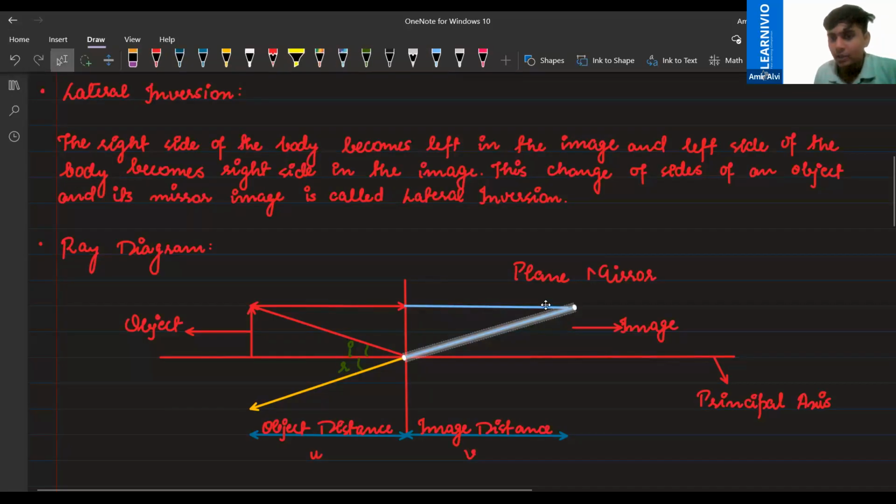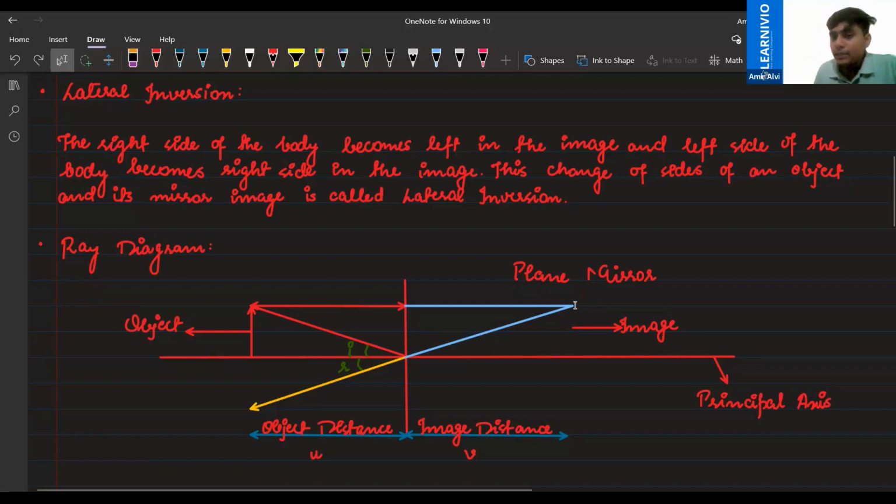We are just assuming that they are meeting behind the mirror. Clear, Inan? Any doubts so far?